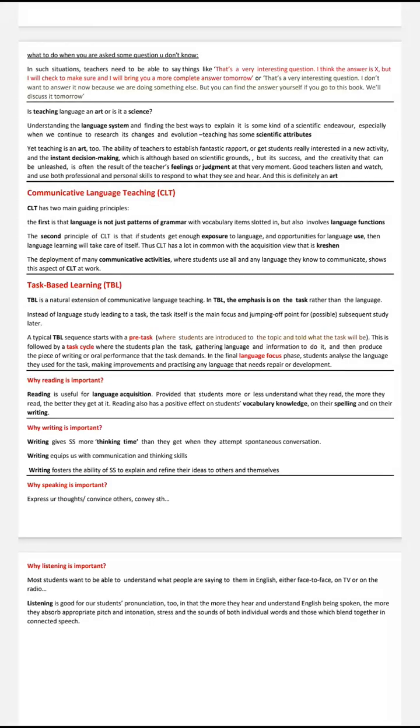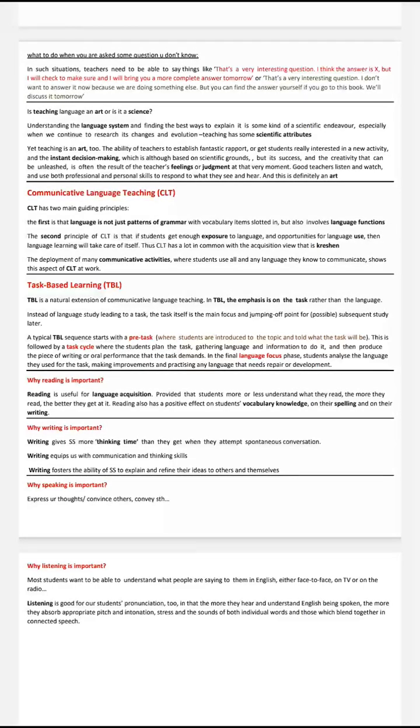Instead of language study leading to a task, the task itself is the main focus and the starting point for possible subsequent language study.